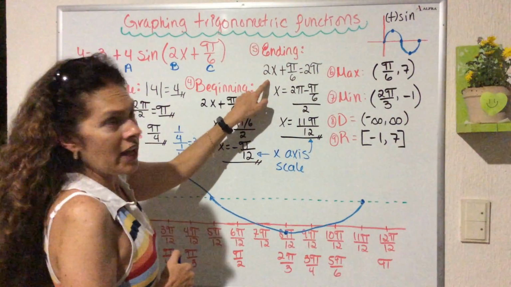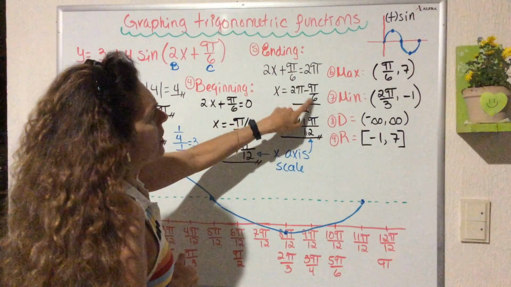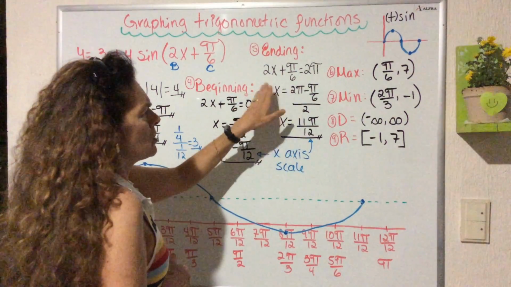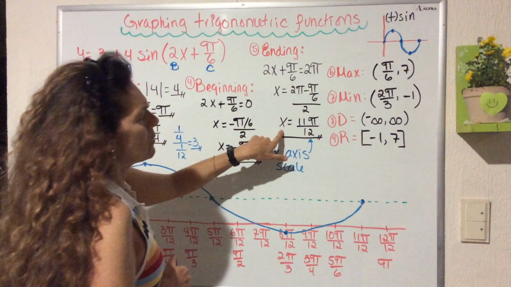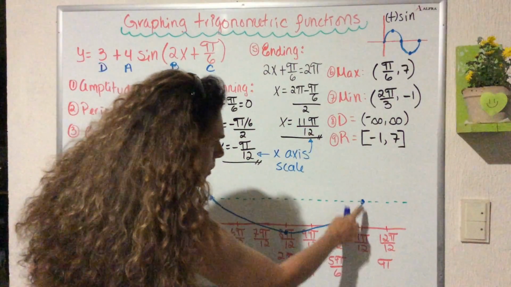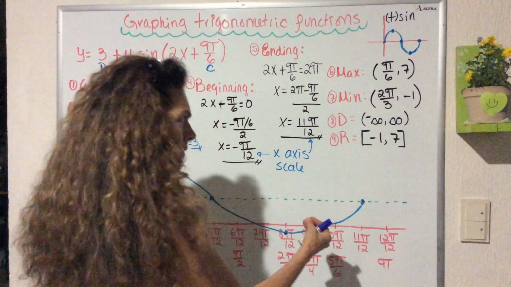And then we solve for x. So x equals 2 pi minus pi over 6, everything divided by 2. And then when we solve all these operations, we get x equals 11 pi over 12. So as you can see, we are ending exactly at 11 pi over 12, which is correct.